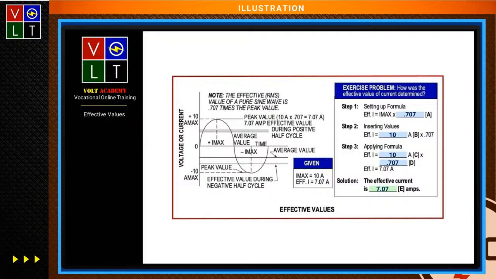And if you look down there, as you're looking at the illustration, you'll see we talk about an effective value during negative half cycle. And then you got a peak value where you have an effective value. Okay. So what we're doing here is basically determine what the effective value is to be applied to this alternating current circuit. Okay.